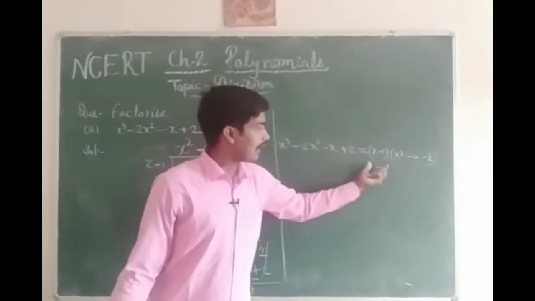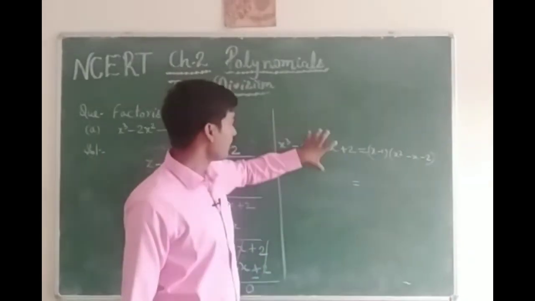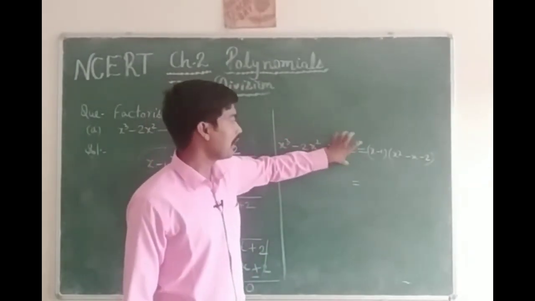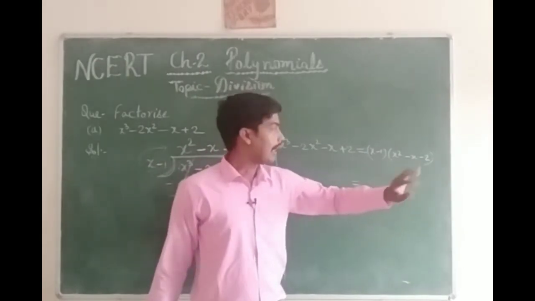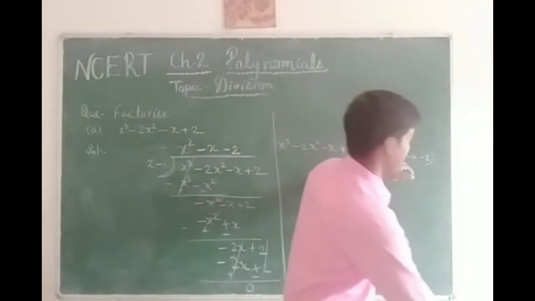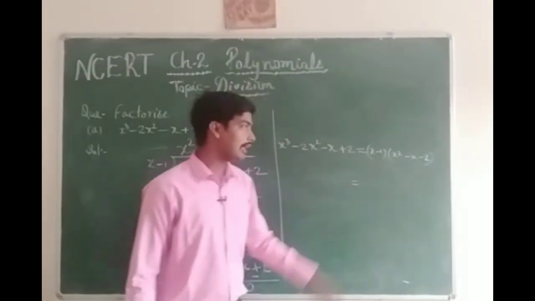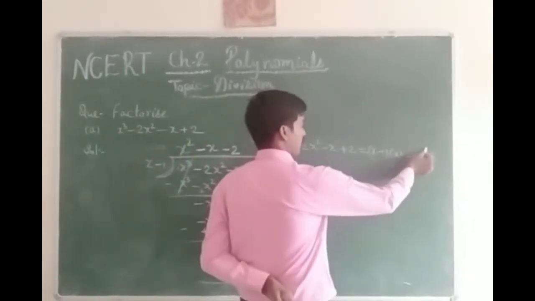We already found a factor, it means now we can write this binomial as something into something type, and this one is quadratic and we can solve this quadratic very easily by splitting the constant term.